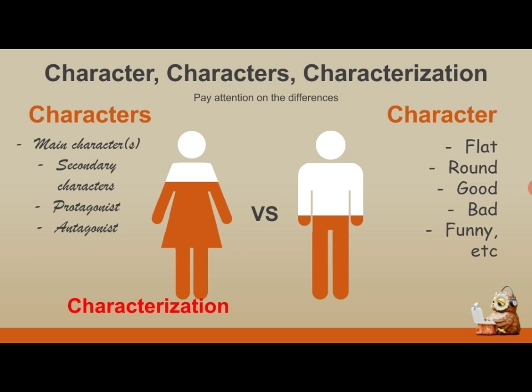And now about characterization. Characterization, as I have told you before, is the way a character is revealed. We have two ways. First is direct, and second is the indirect way, done by the writer. Direct means that the character is just told by the narrator, introduced directly to the readers.